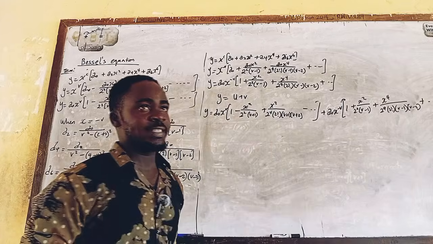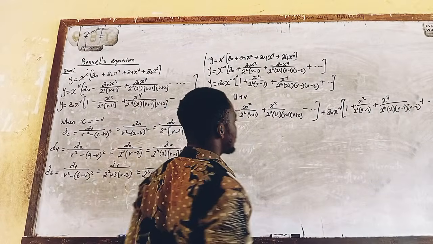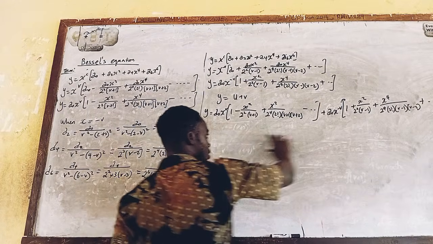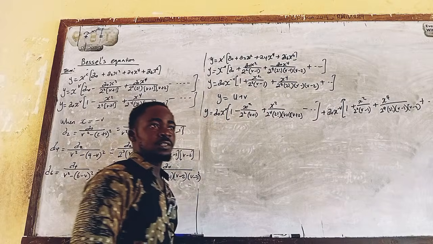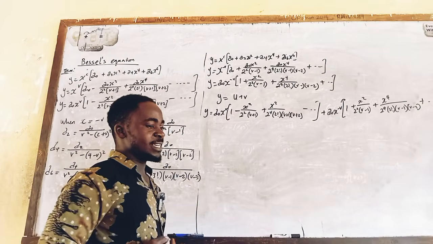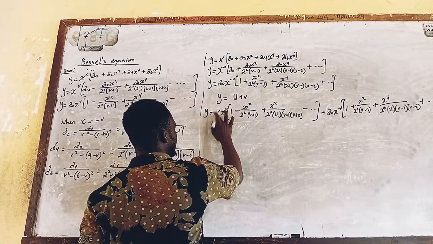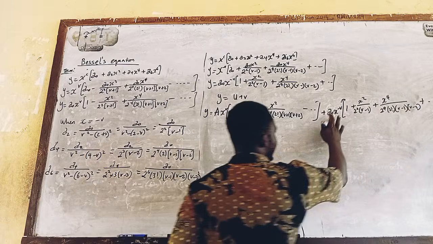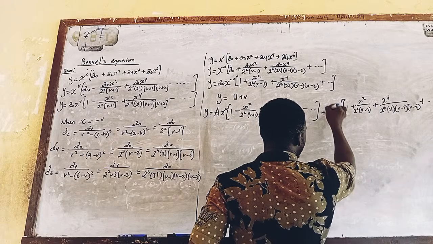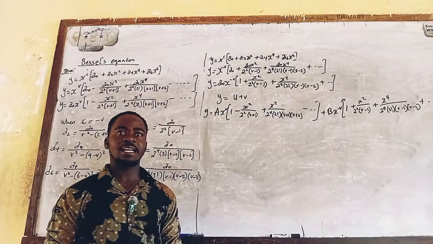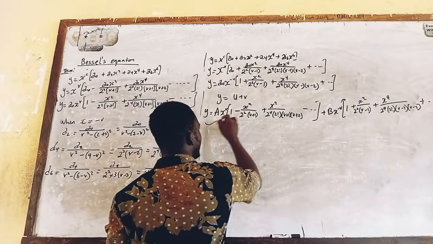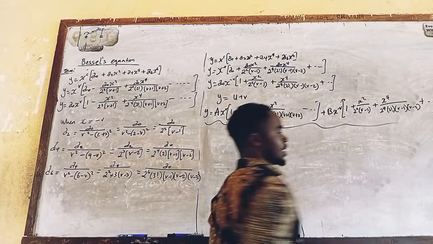Now what we're going to see is that we are going to change, you know, this is a naught. Let's differentiate it by changing this one to capital A, by changing this one to capital B. This is going to be our final answer. This is our final answer.